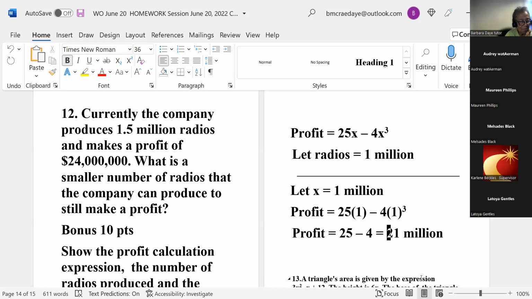You had to do this in steps. You had to put the polynomial expression for your profit. And since they told you what x was, the number of radios, in this particular problem you can substitute in an x value of 1 million and calculate your profit. Questions on number 12?